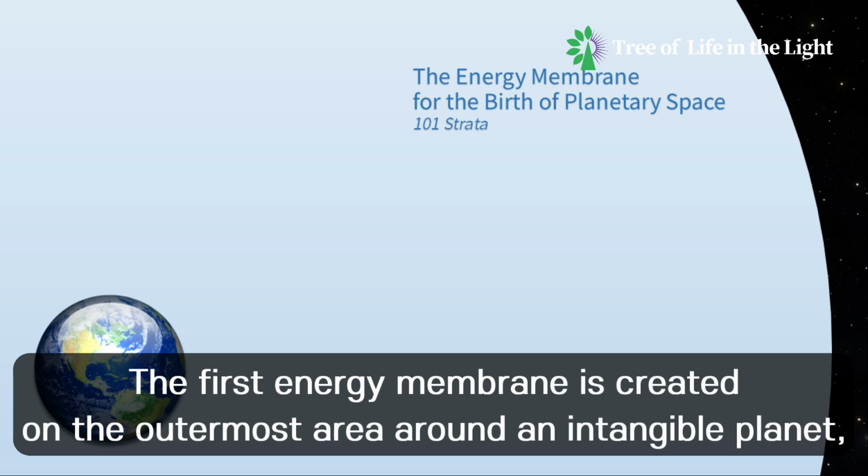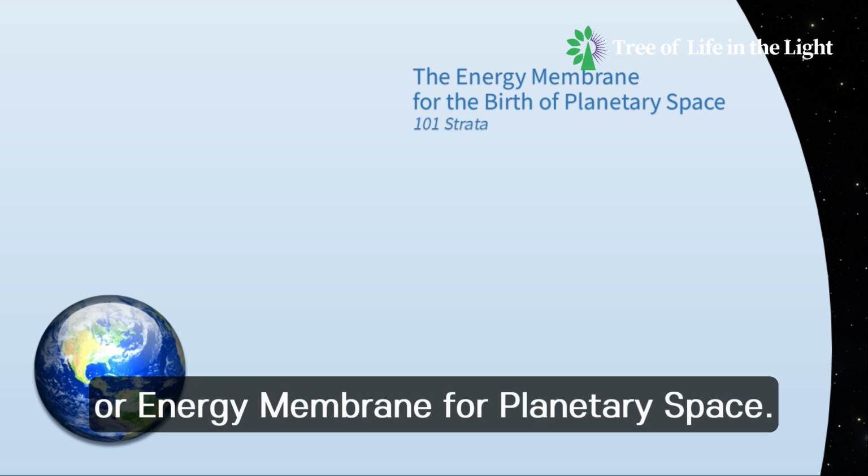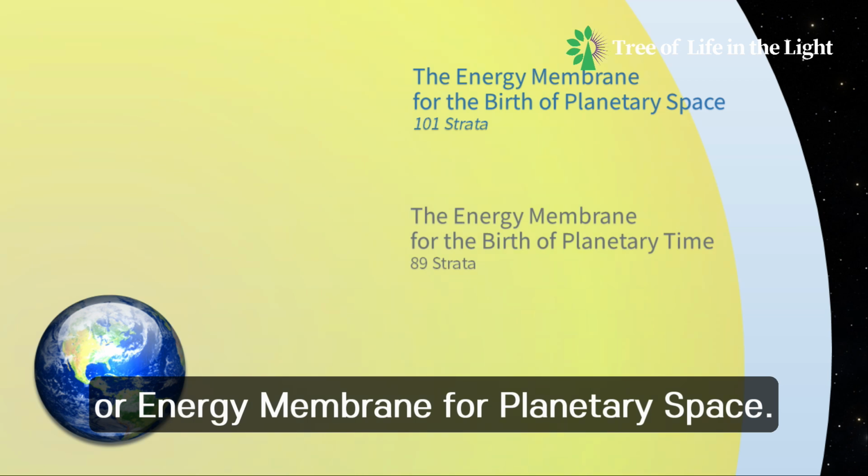The first energy membrane is created on the outermost area around an intangible planet, which is called the energy membrane for the birth of a planetary space, or energy membrane for planetary space.